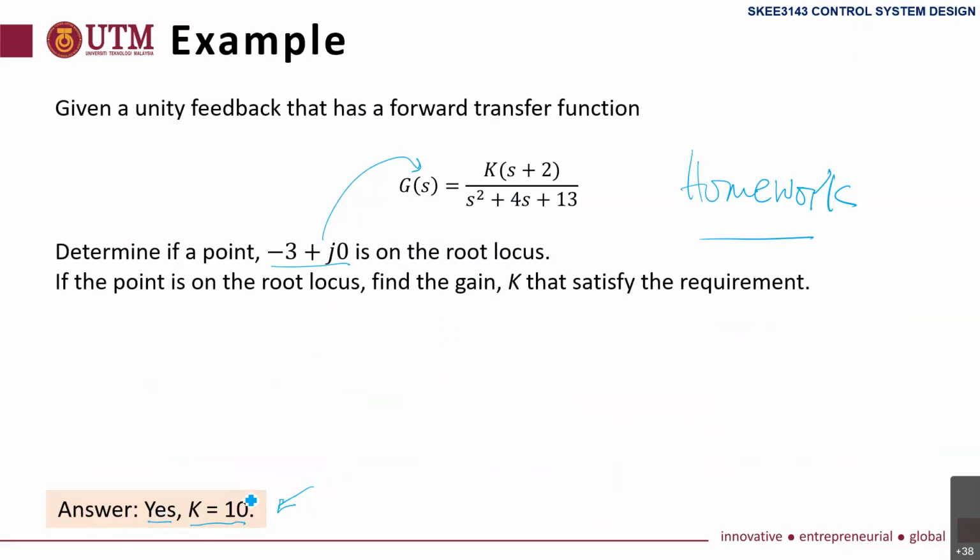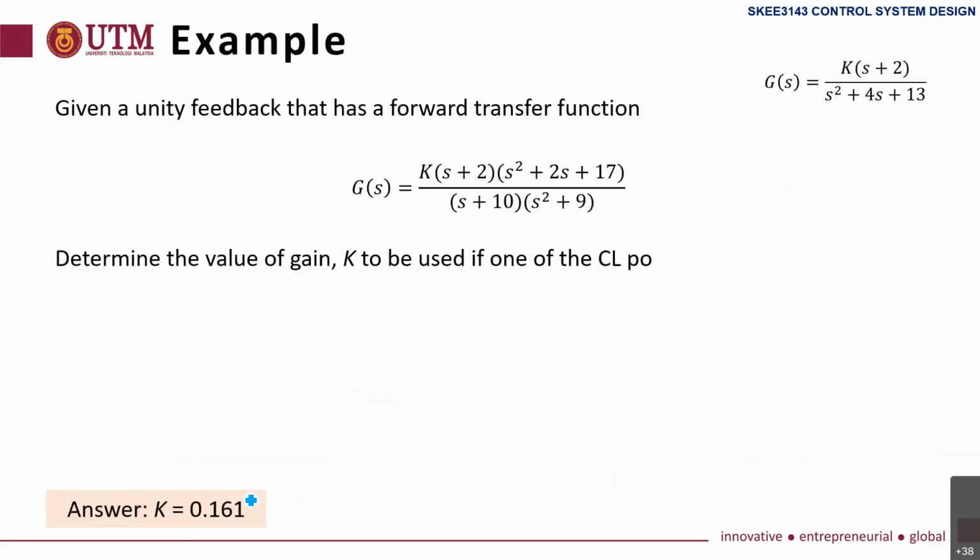I remember one test asked exactly the same. Of course, they changed the value of the transfer function and the point, but it asks the same. Check this point, whether it is on the root locus or not. This is another example.